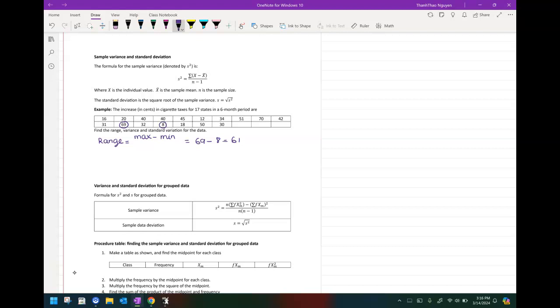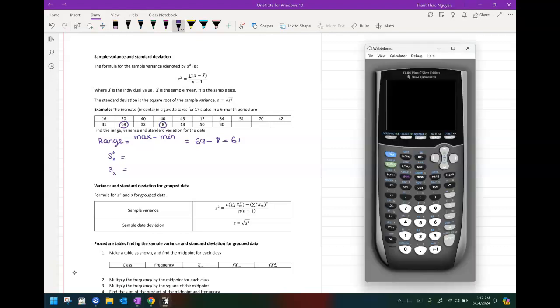We can calculate the variance and standard deviation using the calculator, and note that this is x. Okay, when you use your calculator, there are two things, there's S and there's sigma. You need to pay attention to which one to use. So here we have a sample, so we will look for the S. Again, I will enter this data into list 1.